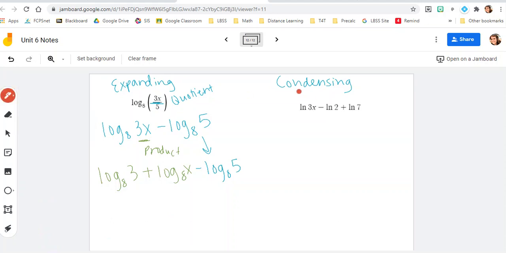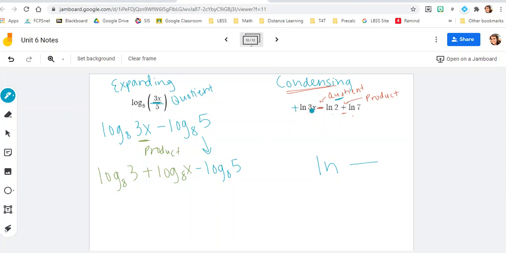Looking at it the other way, we can condense it. Here we've got 3 different terms and we want to condense. I see I've got a minus, so this makes me think of the quotient rule, and then I've got a plus, which makes me think of that product property. When I've got multiple terms, minus and plus, I'm thinking about how my final answer is going to be a fraction with some terms on the top and terms on the bottom because of this quotient rule.